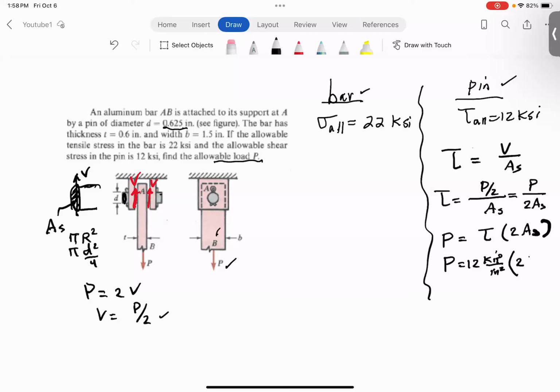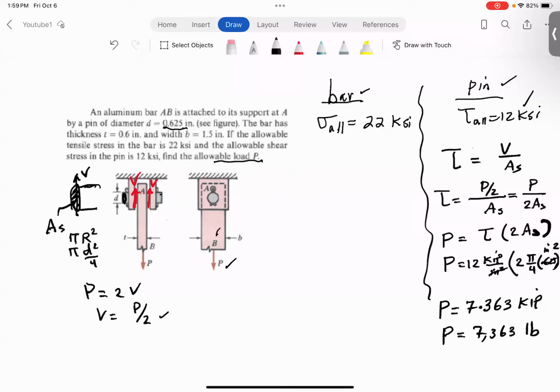So 2 times pi over 4 times the diameter, which is 0.625, I'm running out of space here, squared. And that's inch squared. So you see inch squared and inch squared cancel, right? So the answer, after you do your calculation, should be 7.363 kip. But if you want it in pound, that's 7,363 pounds. So basically, you need a load of that magnitude to bring the shear stress to what? 12 KSI in the pin.